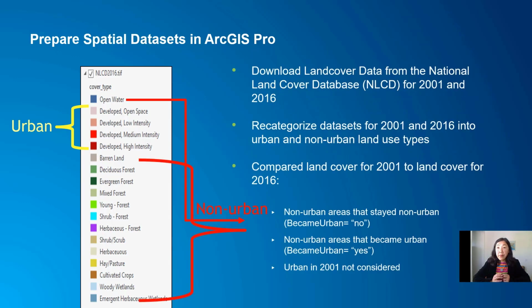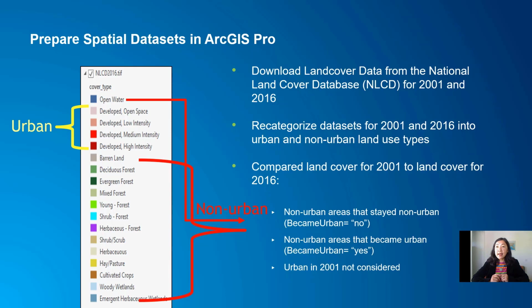We then compared the land cover for 2001 to land cover for 2016 in order to identify areas of urban growth during this period. So from this comparison, a new raster dataset called Change to Urban was generated as the output.